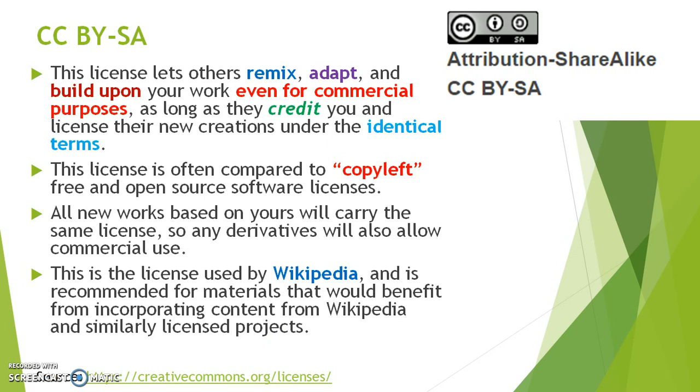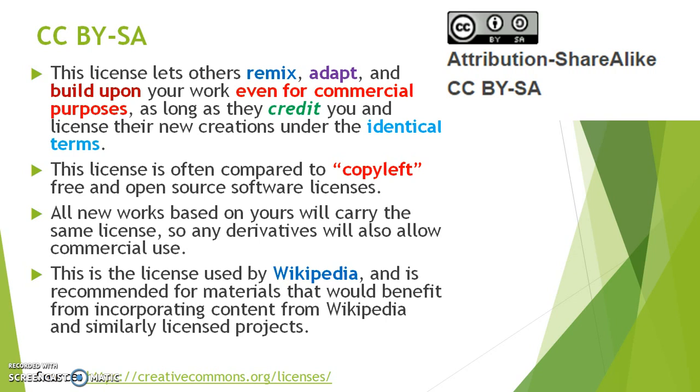Next is CC BY SA. SA stands for share alike, and this license lets others remix, adapt and build upon your work even for commercial purposes, as long as they credit you and license their new creation under the identical terms. So this is what SA means. This license is often compared to copyleft free and open source licenses.